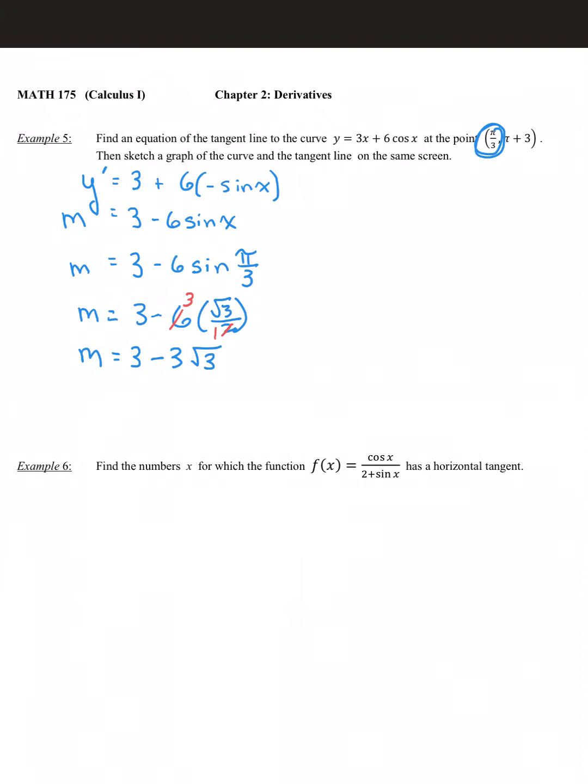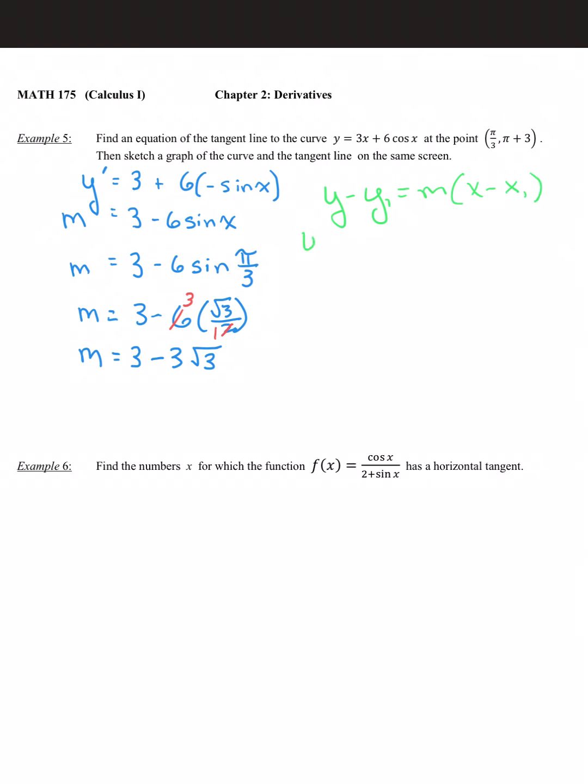Now that looks a little intimidating. Don't be intimidated. This is still a slope with an x and a y point. So in green, I'm going to go ahead and do my point slope form of a line, which we're all familiar with.